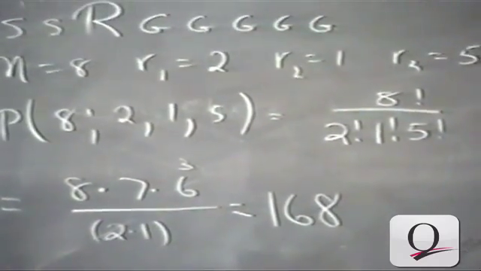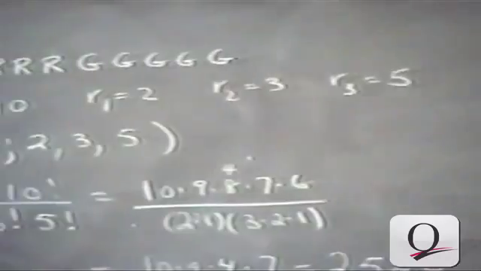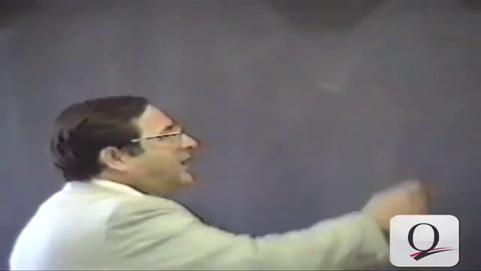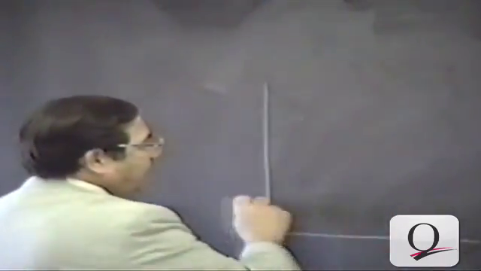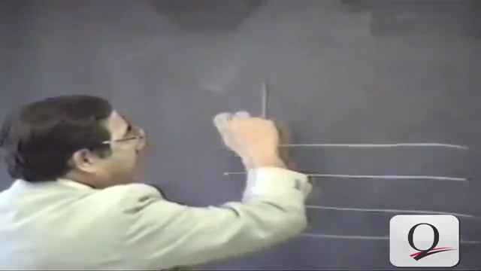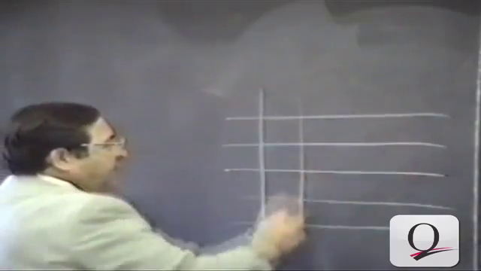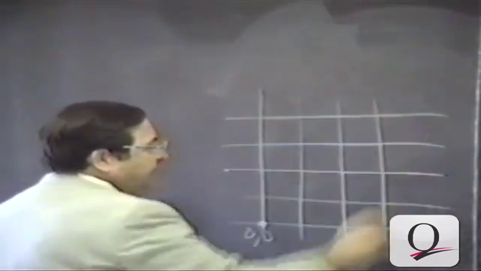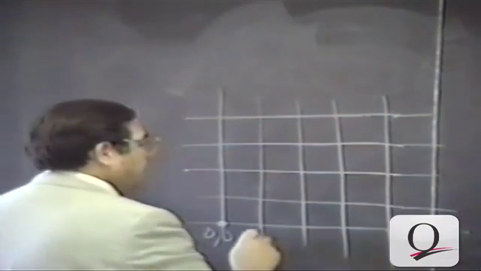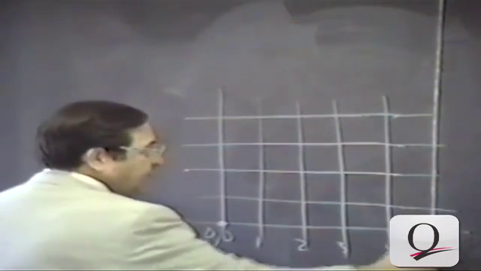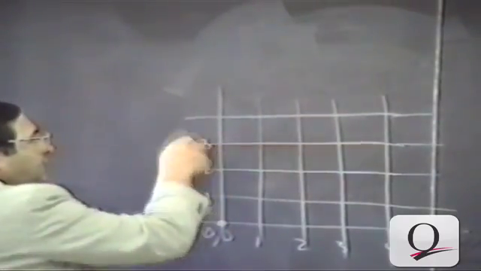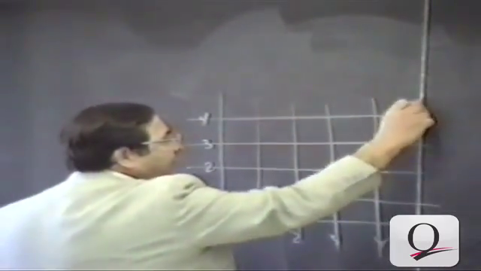Now this is a useful formula and leads to all kinds of interesting computations. For example, suppose that you're standing at an intersection, let's call it 0, 0. You're standing right here, and you have a friend who's standing here.